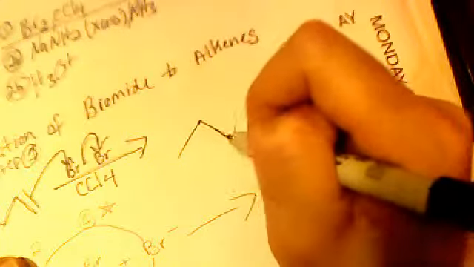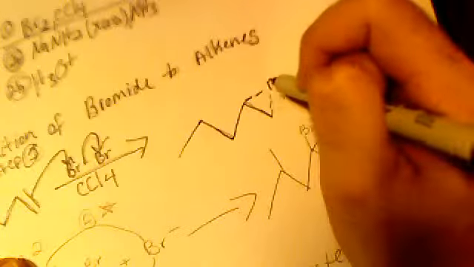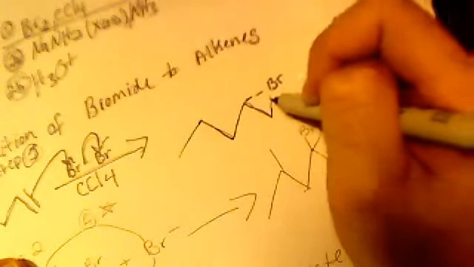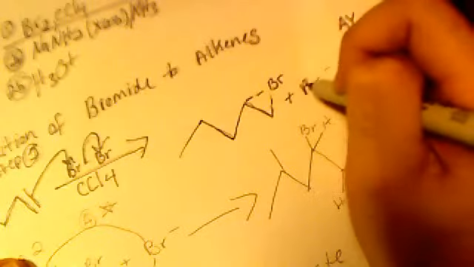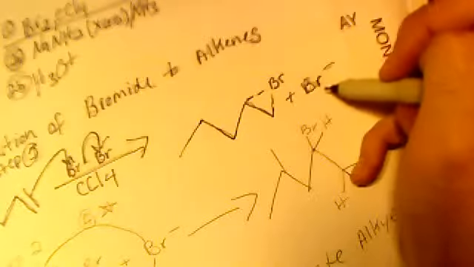This bromine breaks its bond, gives its electrons to the second bromine, which breaks off and becomes an anion. And we're left with this intermediate where we have a bridge where the pi bond was going to the bromine, plus the bromide anion.